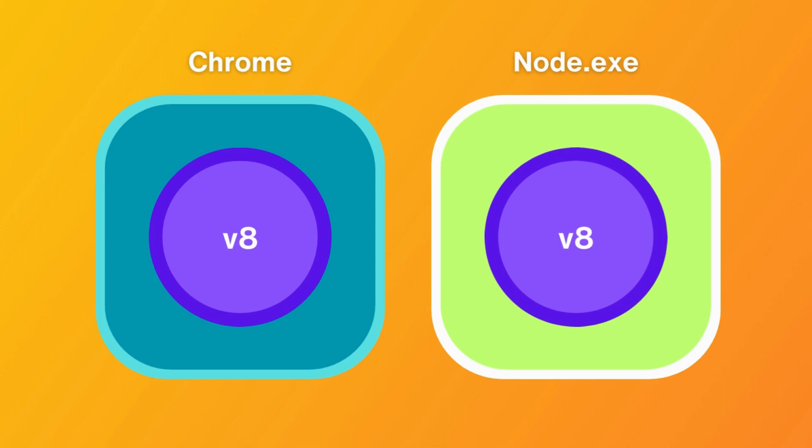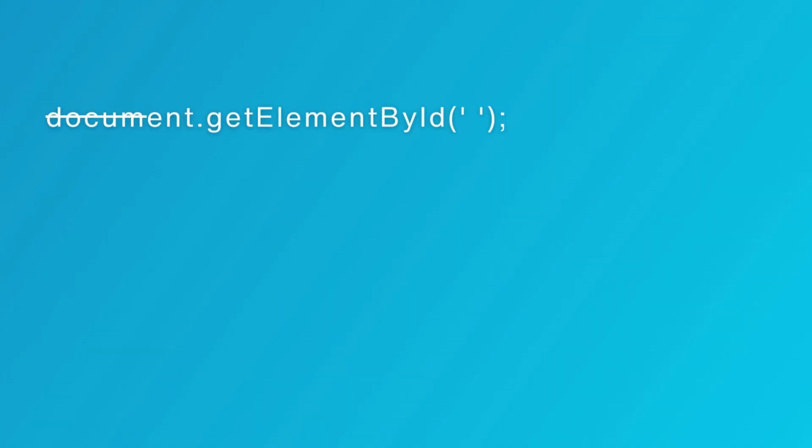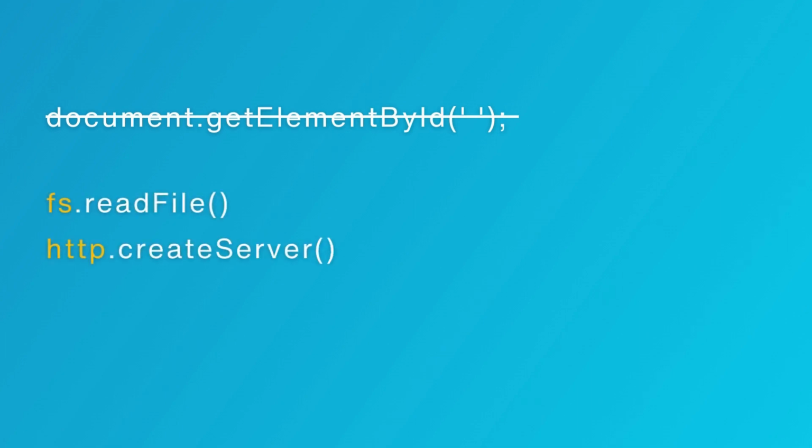But these objects are different from the environment objects that we have in a browser. For example, we don't have the document object. Instead, we have other objects that give us more interesting capabilities. For example, we can work with the file system, listen for a request at a given port, and so on.